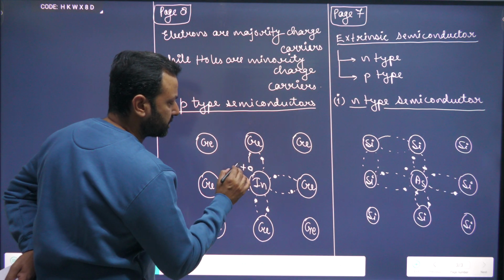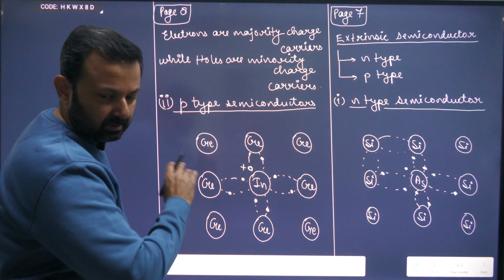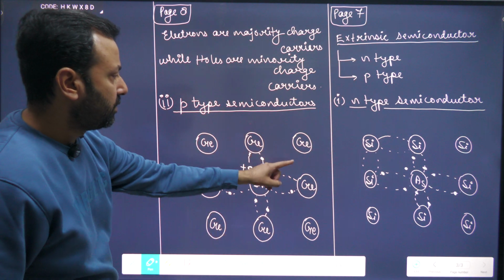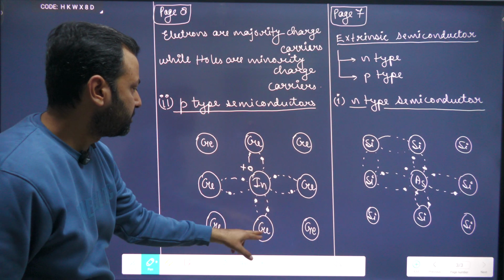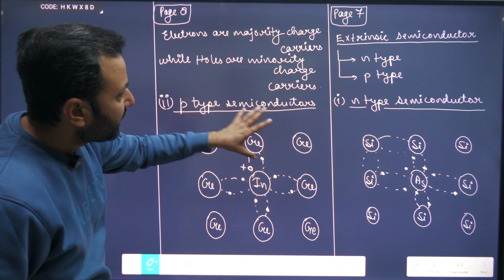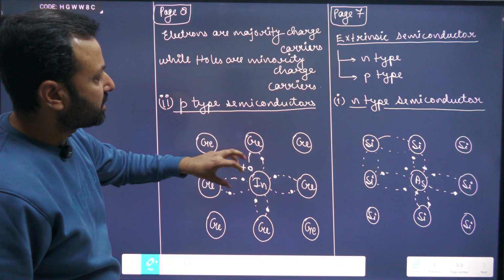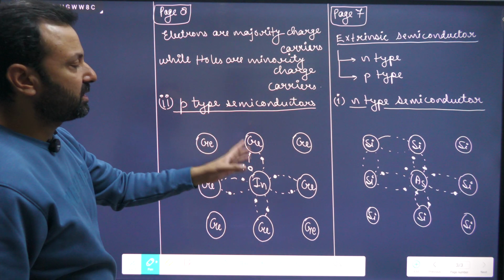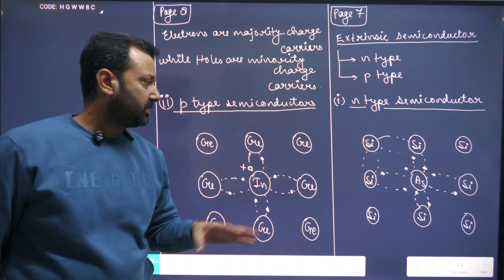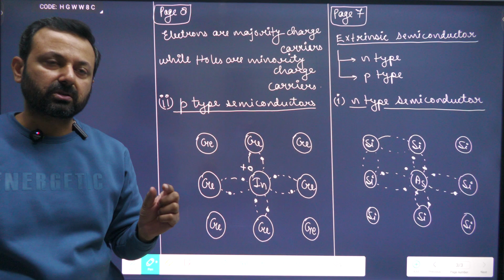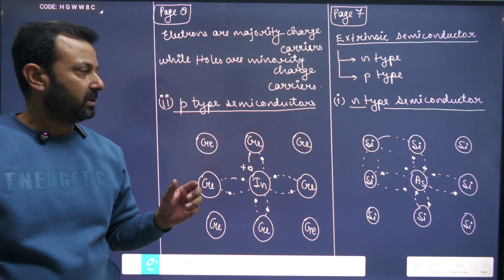This is positive charge. And in the same way, in the entire crystal lattice, like 1, 2, 3, 4, 5, 6, 7, 8, there are 8 germanium atoms, and with 8 germanium atoms there is one indium atom. So this forms a small basic unit structure of the germanium lattice.